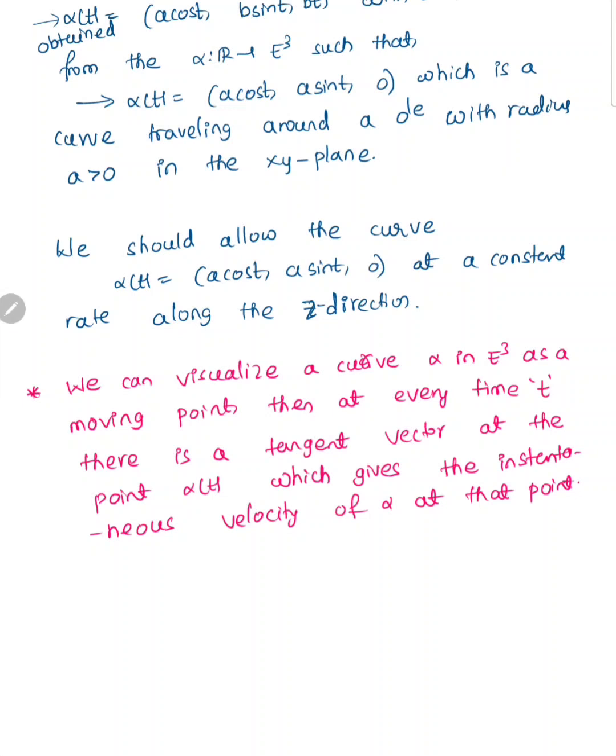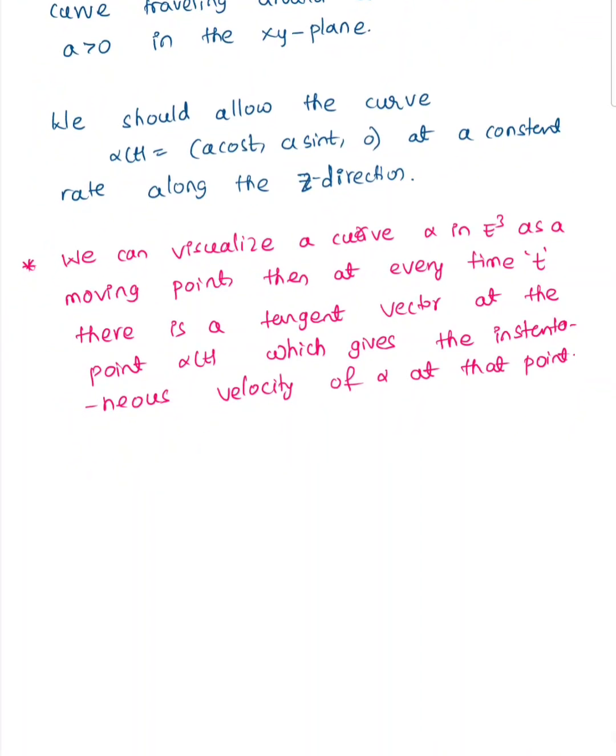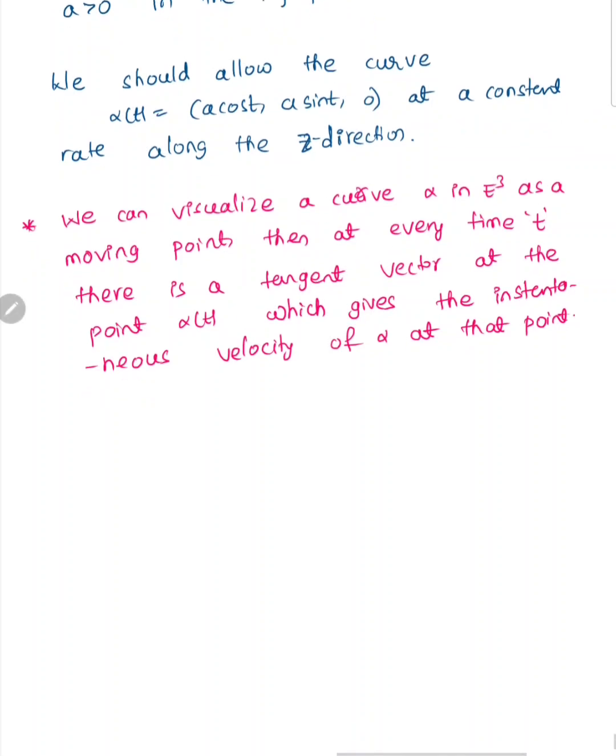As curve is a locus of a point, therefore for each moment there is a tangent vector we can draw. So that tangent vector gives the velocity which is instantaneous, means at that point. So that vector will give the velocity at that instant of time. So this leads to the concept of velocity of a curve. Let's see the concept of velocity of a curve.